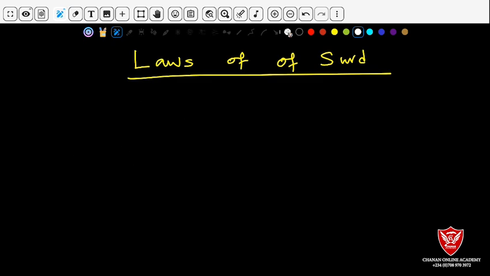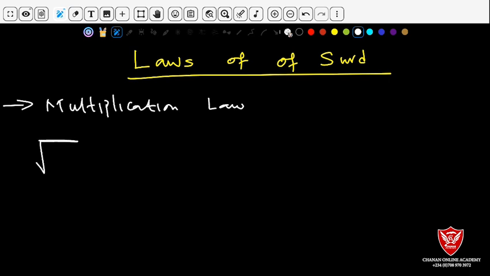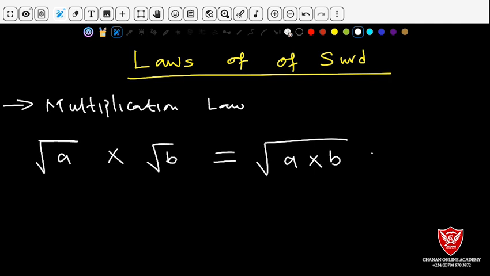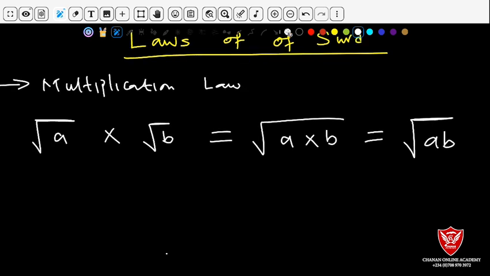Laws of surds. The first law we are going to talk about is the multiplication law. The multiplication law says if we have the root of A multiplied by the root of B, it is equal to the root of A multiplied by B, which can also be expressed as root AB.